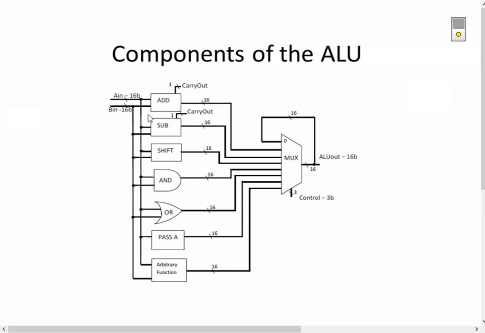The final thing we want to talk about is why all this is important. The central portion of the central processing unit in a computer is called the ALU, and that stands for the Arithmetic Logic Unit. What the Arithmetic Logic Unit does is all of the actual computations. There are very, very simple computations that any CPU does.